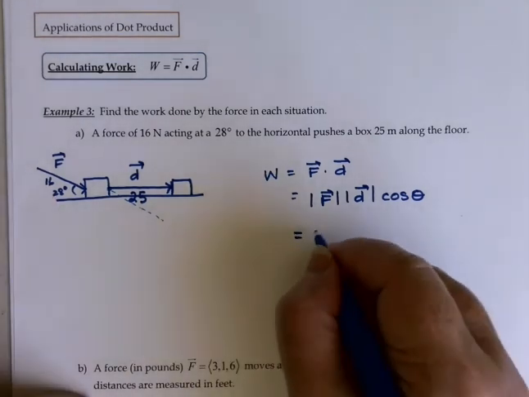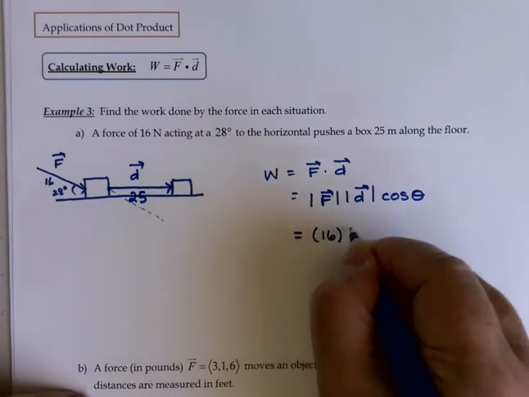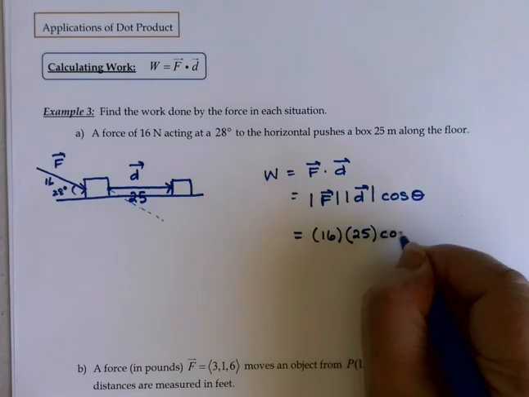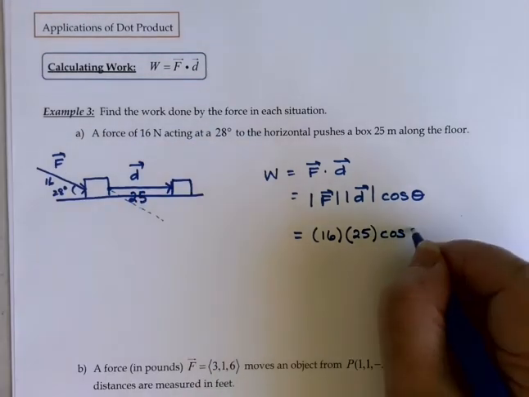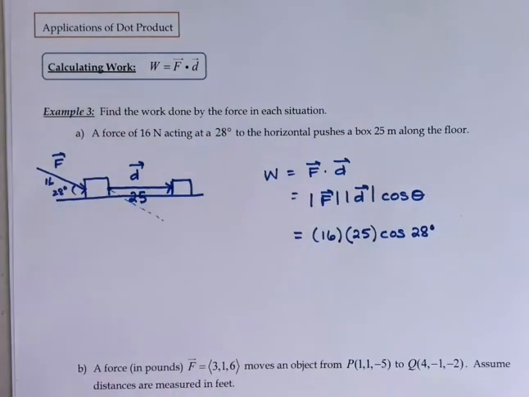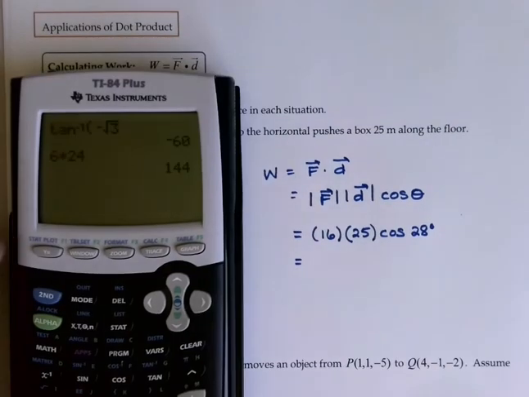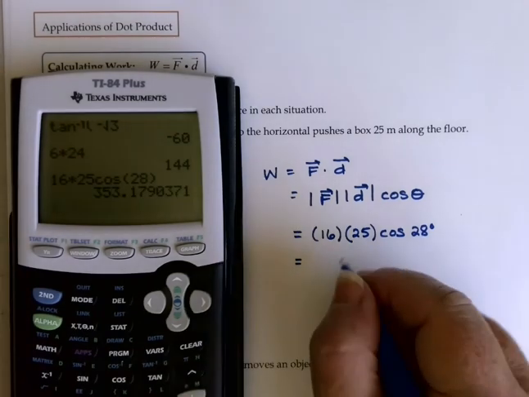So the magnitude of F was 16 newtons. The magnitude of D is 25 meters. And we were basically told that we have a 28-degree angle. If I just go ahead and use my calculator to multiply those together, I get 353.18.